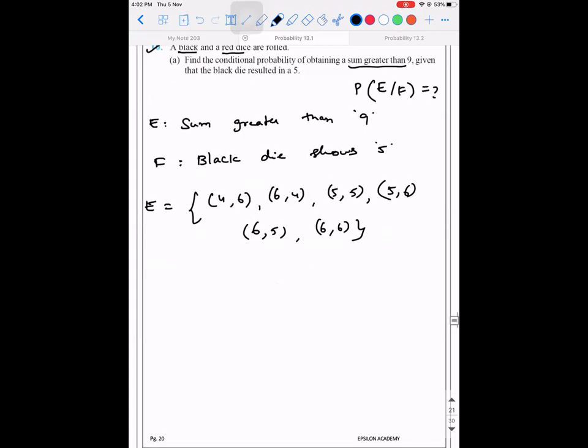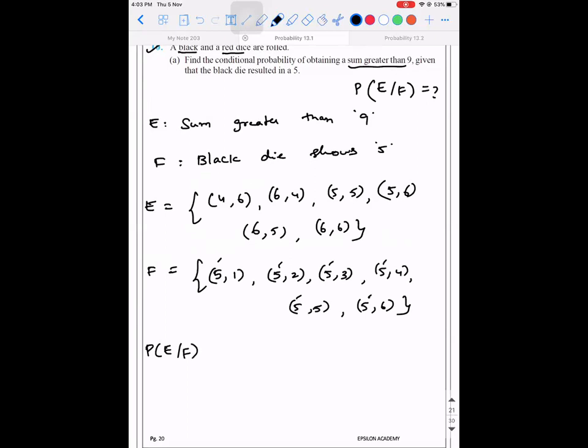F is the black die shows 5. So it will be 5, 1, 5, 2, 5, 3, 5, 4, and it can be 5, 5 and 5, 6. I'm fixing the first die to show the black. What is the probability of E given F?